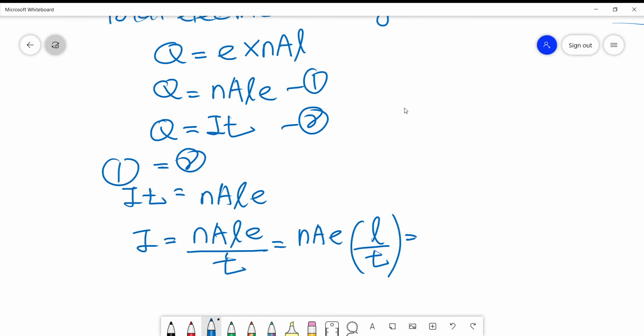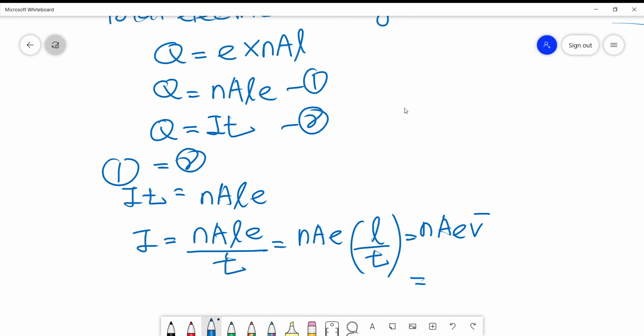We know that this L represents the distance of the free moving electrons, and t is the time taken for the electrons to move from one point to another. So L over t gives us the drift velocity.